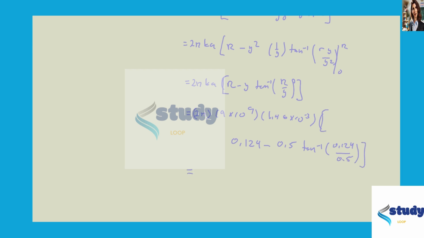And that comes out to be, so when I plug all the numbers in, I get 2.037 times 10 to the 5th volts as my answer.